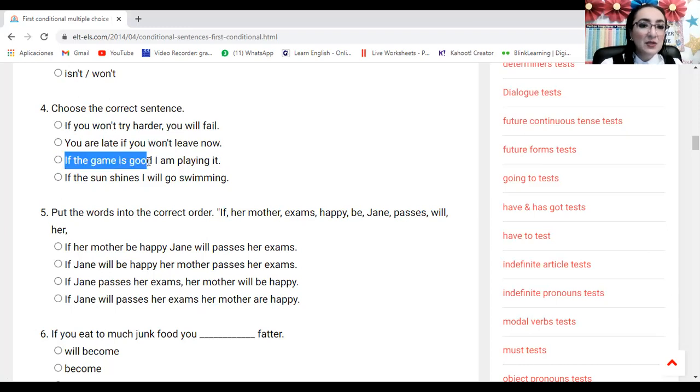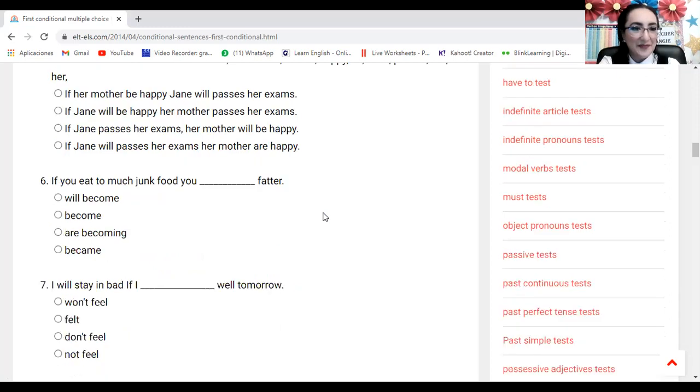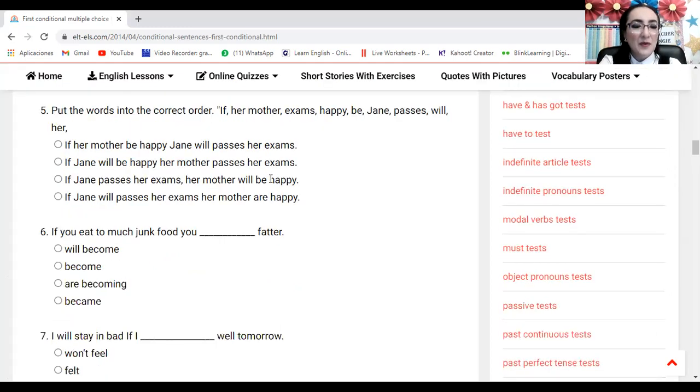If the game is good, I am playing it. Present and present progressive. If the sun shines, I will go swimming. Yes, this option. Because remember, condition in present, result in future.